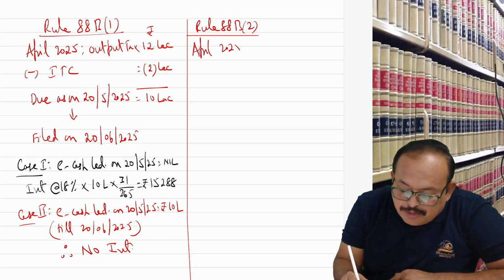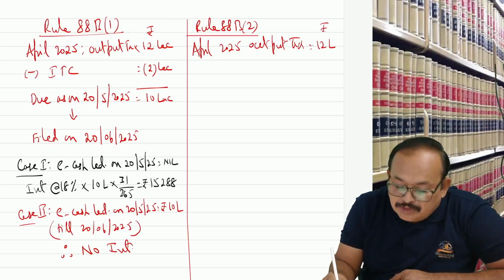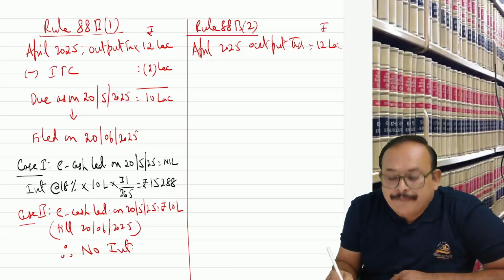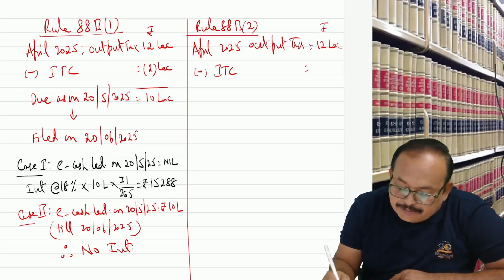Here, see, April 2025, output tax, how much? 12 lakhs. Can you agree? Then ITC, how much? 2 lakhs.